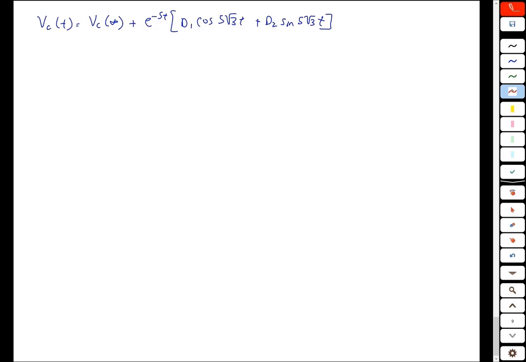We saw from before that Vc of infinity is 0. If Vc of infinity was something other than 0, we'd have to plug that in here before we solved for the d1 and d2 coefficients. To find d1 and d2, we need two initial conditions.